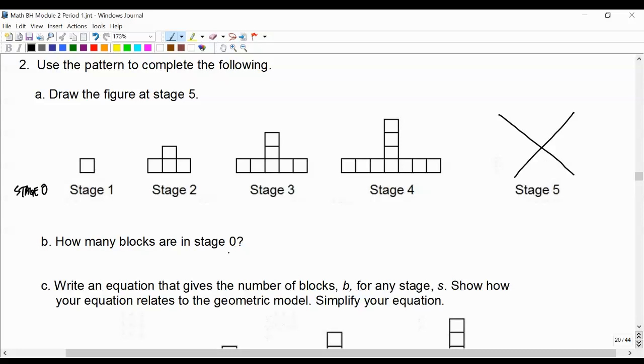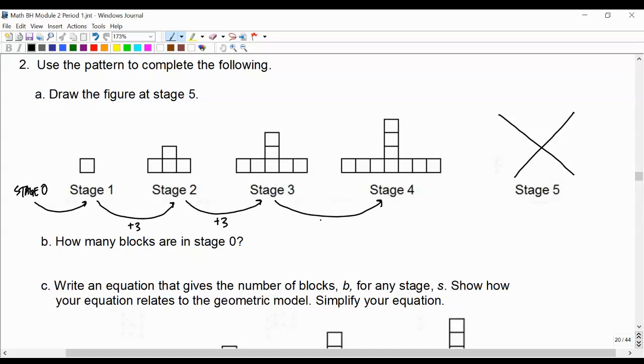Well, in order to figure out stage 0, we also need to figure out the rate of change, or the first difference. Because if we can figure this out, then we can go back in time and figure out stage 0. So throughout this pattern, every time I'm adding these 3 arms, we're adding 3 blocks. Then we're adding 3 more blocks.